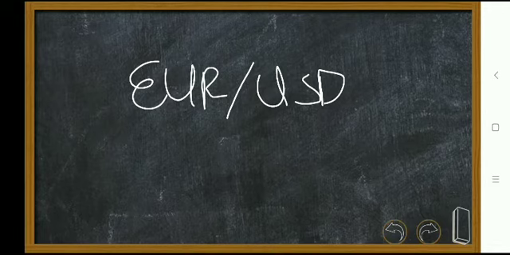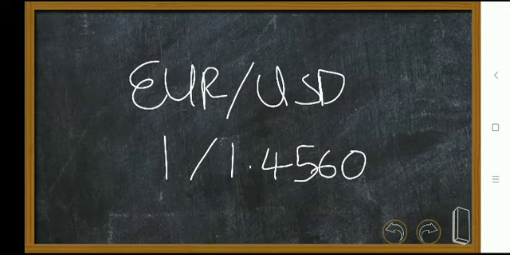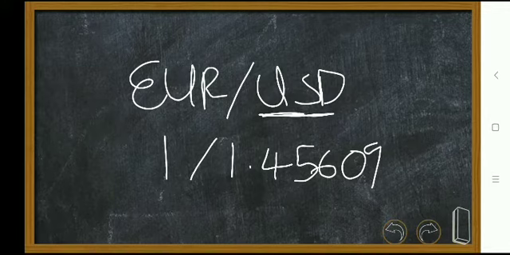Just like the bread analogy, it shows you how much USD you will get for 1 euro. Let's say it's 1:1.45609. We are actually giving a quote in USD for euro.